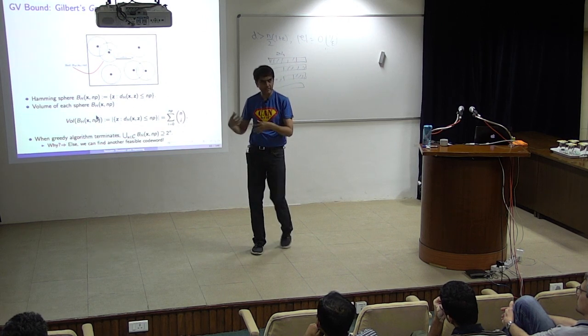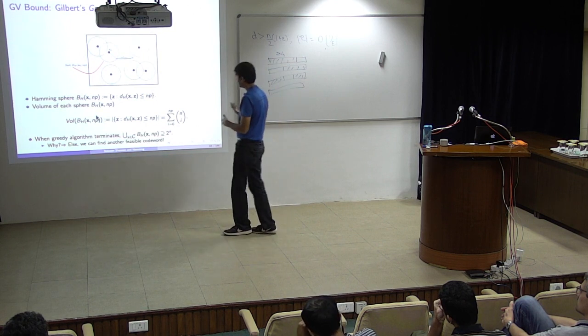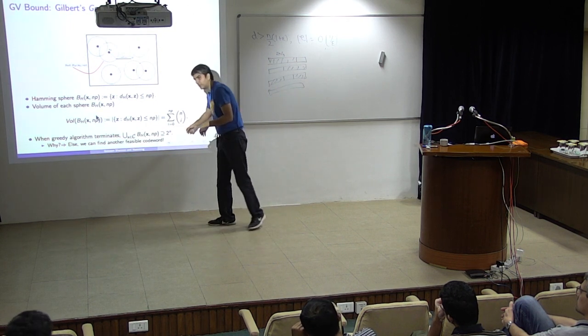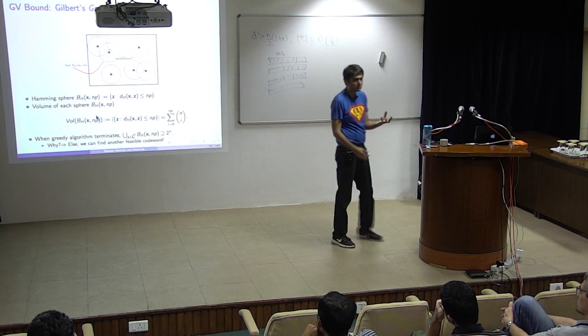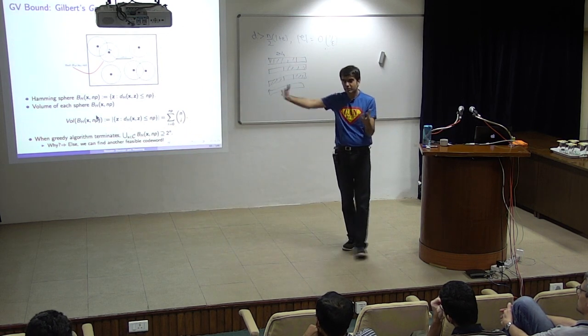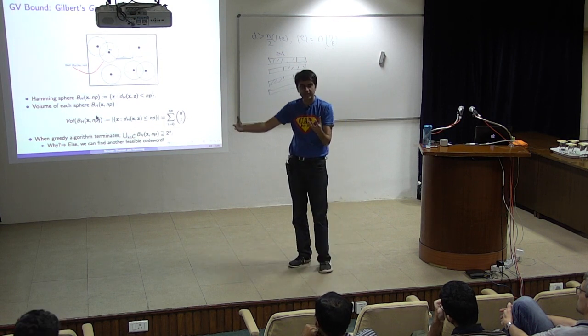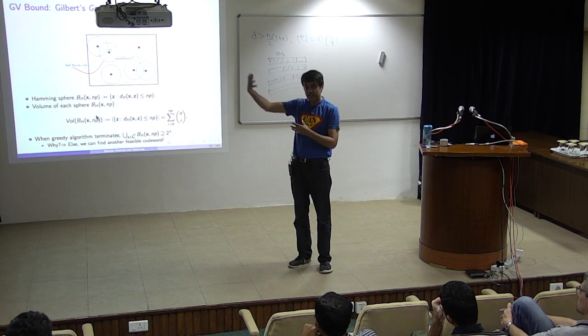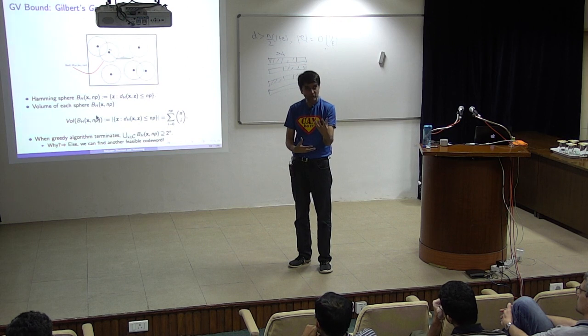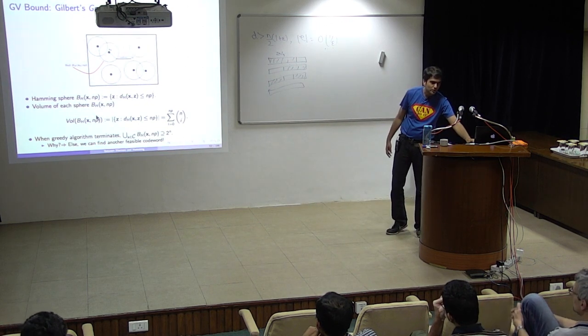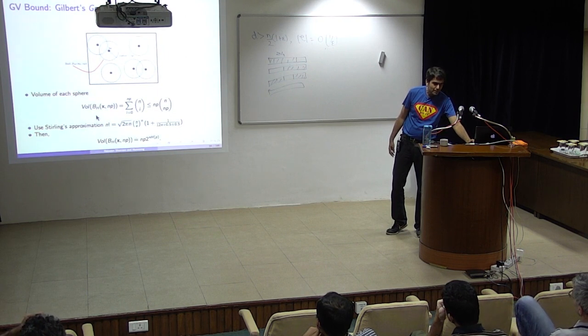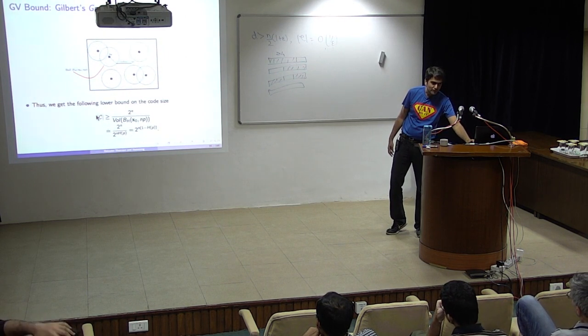Then you ask how many balls can I pack in? So when you do this computation, the minimum number of Hamming balls of radius np you can pack into a space of size 2 to the n is 2 to the n divided by the volume of such a Hamming ball. Use Stirling's approximation, compute, and you'll get a rate of 1 minus h(p).